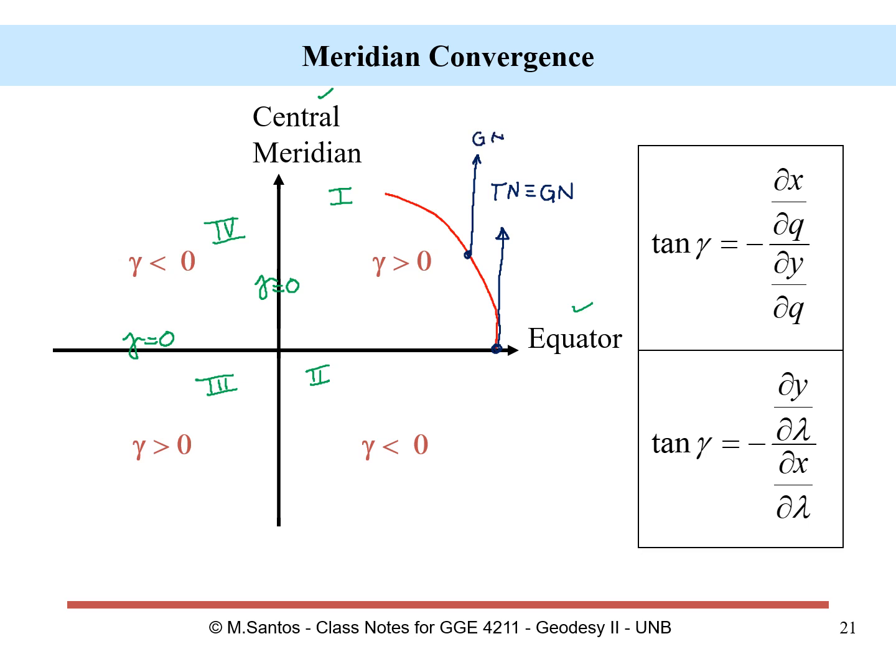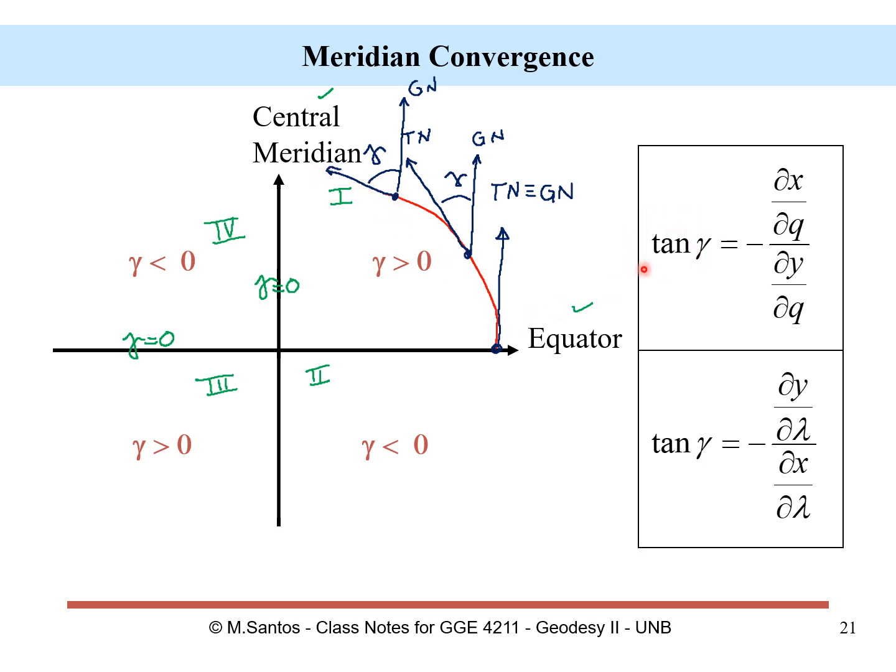And here we have the tangent, which represents the true north. So this is gamma. If you are here, we're going to have again the grid north, and the tangent is here, so this is gamma. Okay, so as we move to the north or to the south, along the same projected meridian, the value of the meridian convergence grows.